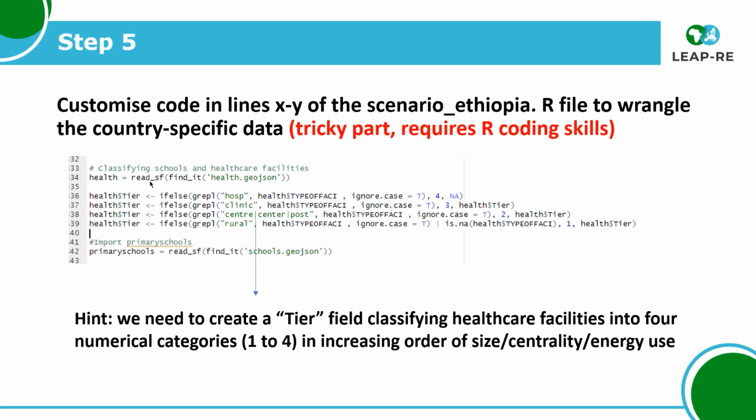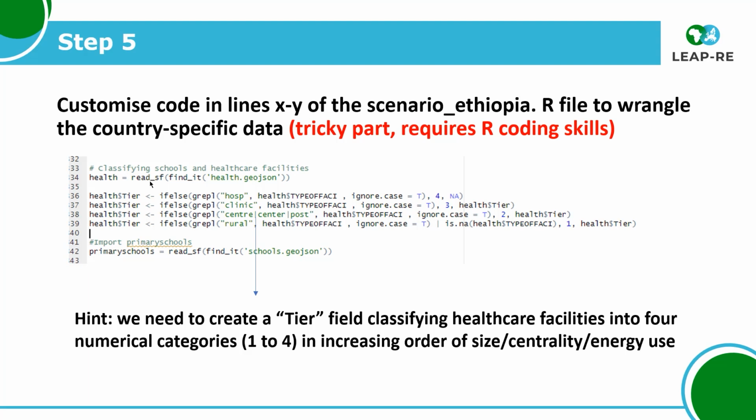We also need to do some slight coding modifications. When it comes to processing, in particular, the health and school facilities, given there is no standard format of these files, we need to classify them into different tiers.